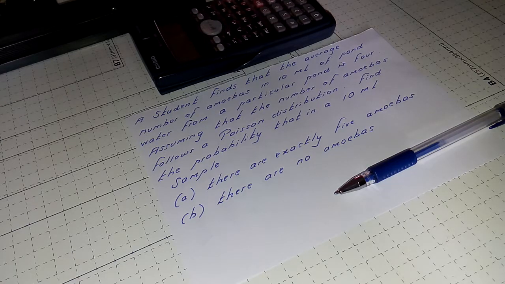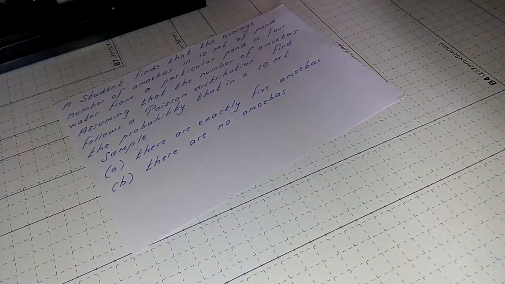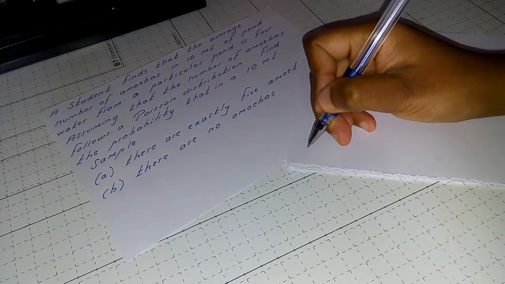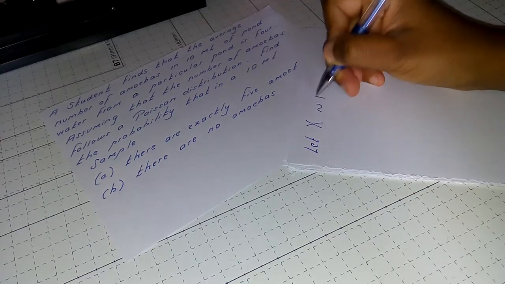So here it says find the probability that in a 10 ml sample, and the first part of the question says the average number of amoebas in 10 ml of pond water is 4. So before we can start the question, we need to define the distribution. Let X follow Poisson.